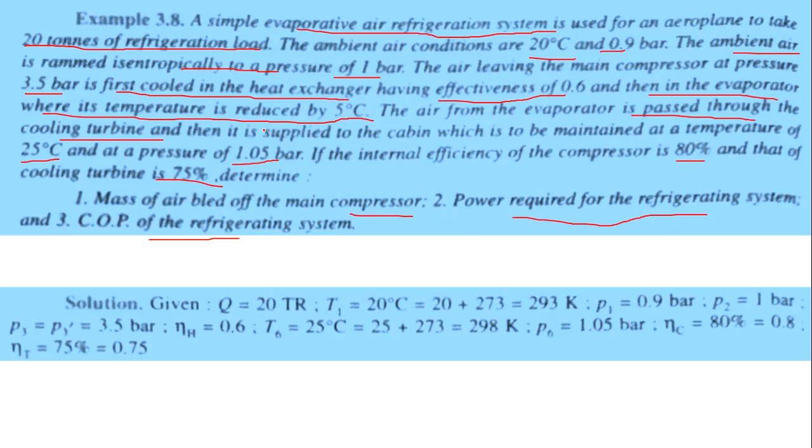Here the air is rammed, and the refrigerant air, the air which is coming from the compressor, is going into the evaporator as well as the heat exchanger. Okay, so we have to draw a TS diagram based on the things given or how the aircraft refrigeration system is produced.